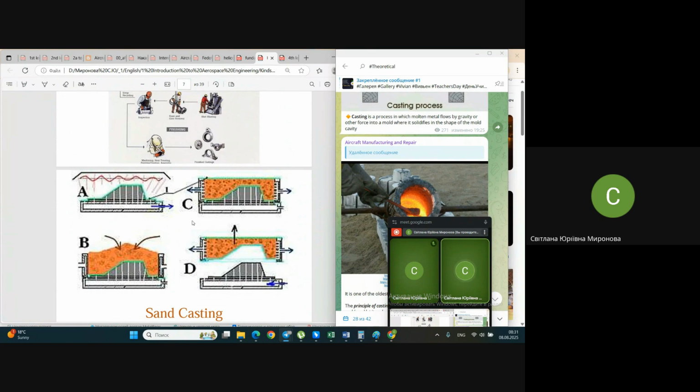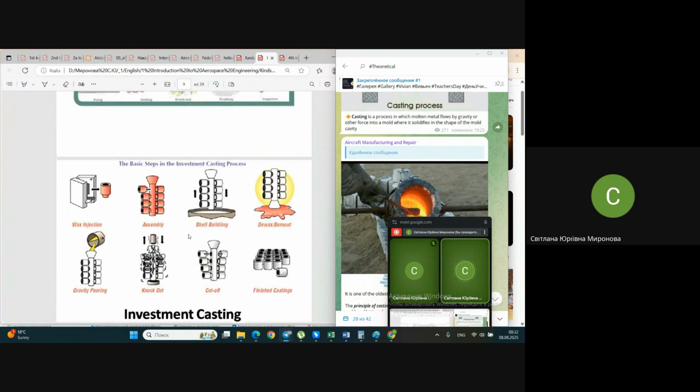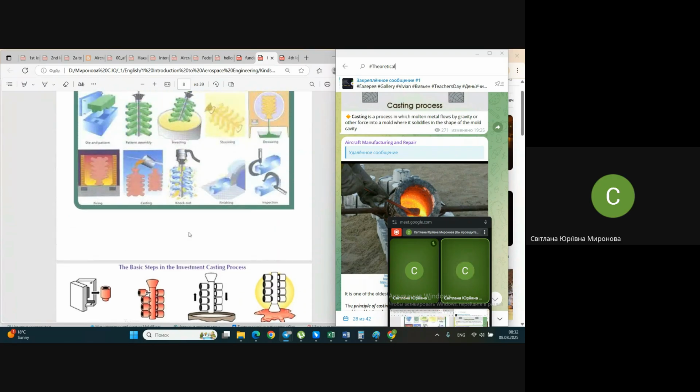That was the reason for the appearance of the next type of casting. It's called investment casting. Here is the scheme, and maybe it's a little bit complicated. What is the idea of investment casting?